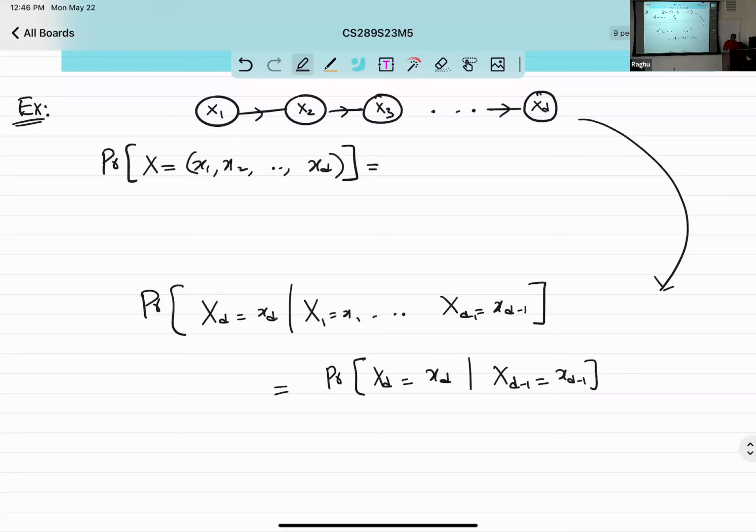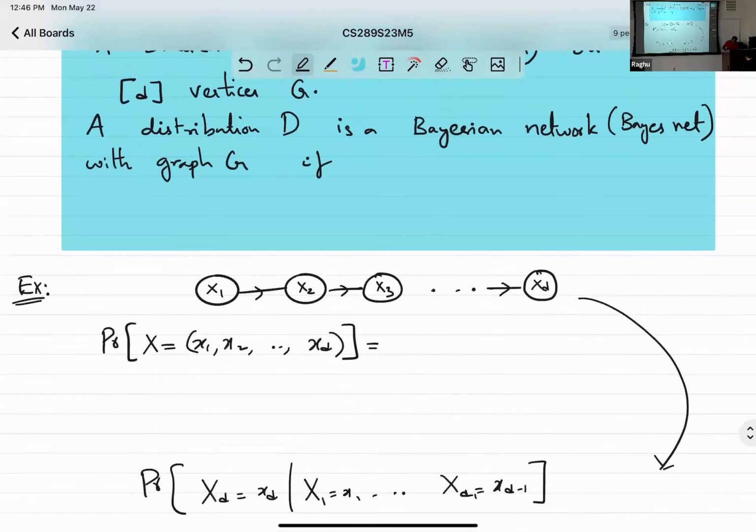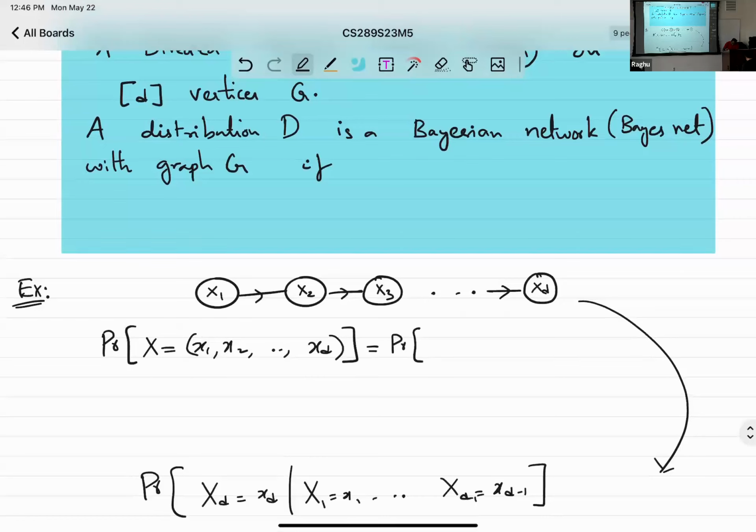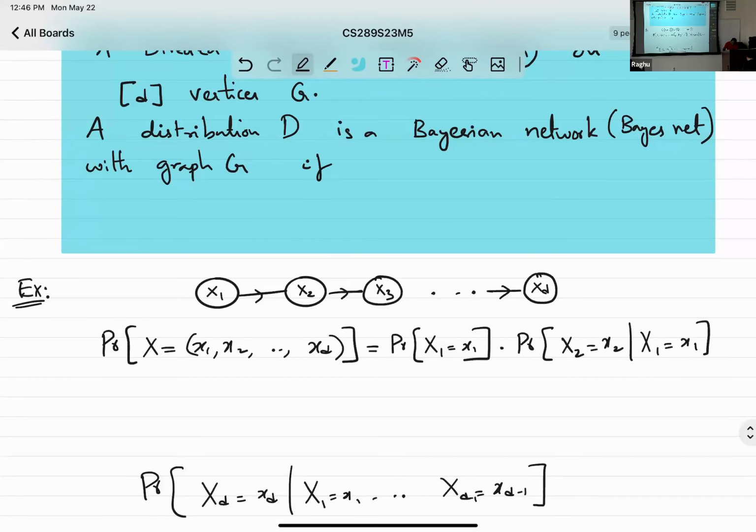So what you get here is this nice formula. I can write it as the first node being completely arbitrary; we don't have any control on that. And then we have the product of the conditionals.